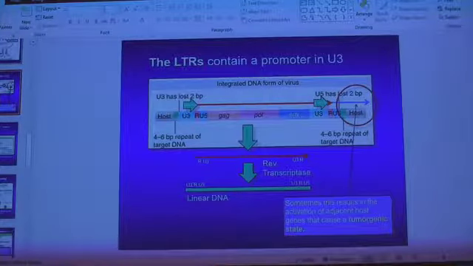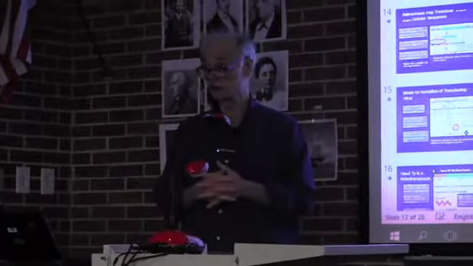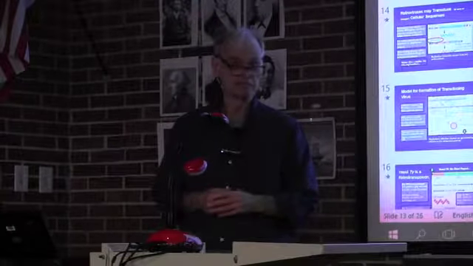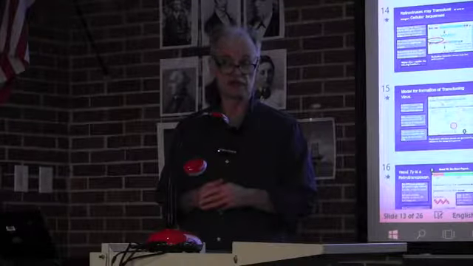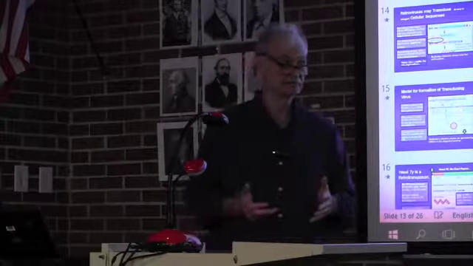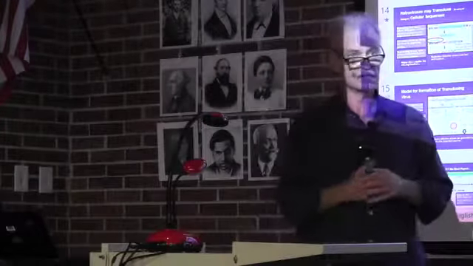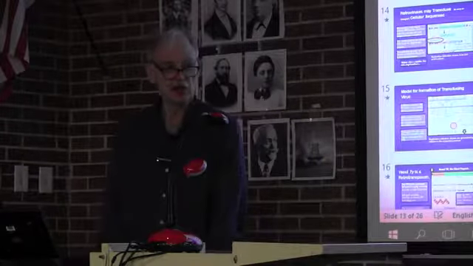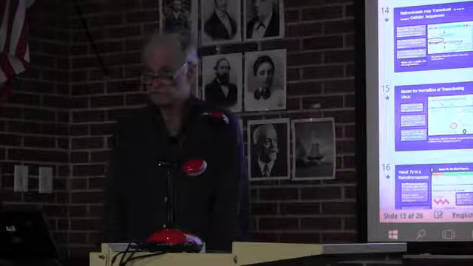So let's talk about the different categories, just as a review, of these retrotransposon-like elements. You have retroviruses, right? We all know what a retrovirus is. It produces an infectious particle. You can catch one of these things. They're transmissible, and they have long terminal repeats.